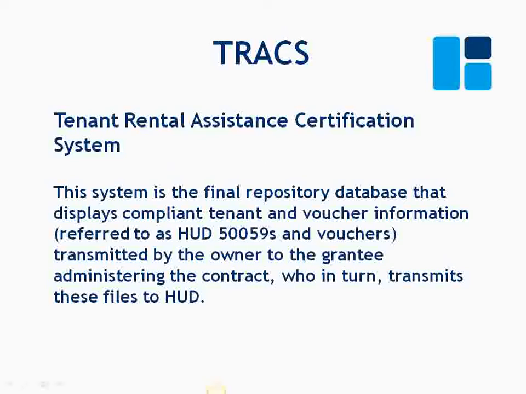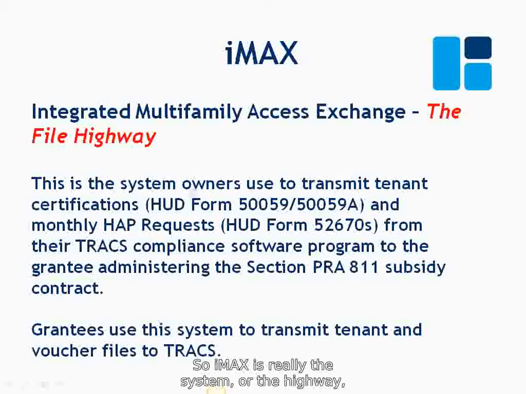Okay, here we go. So IMAX is really the system or the highway that the certs coming to you as the grantee, which you are validating and checking for errors, travel on, and then you send those certs and vouchers onto Trax. The mechanism of delivery is called IMAX, and I just refer to it as the file highway, or the circulatory system of how the certs and vouchers make their way up to the Trax system.